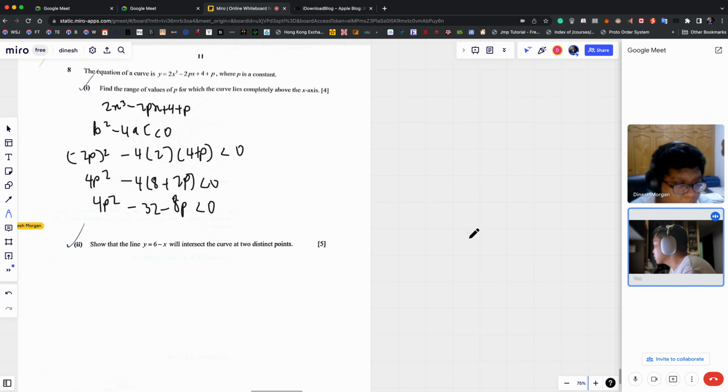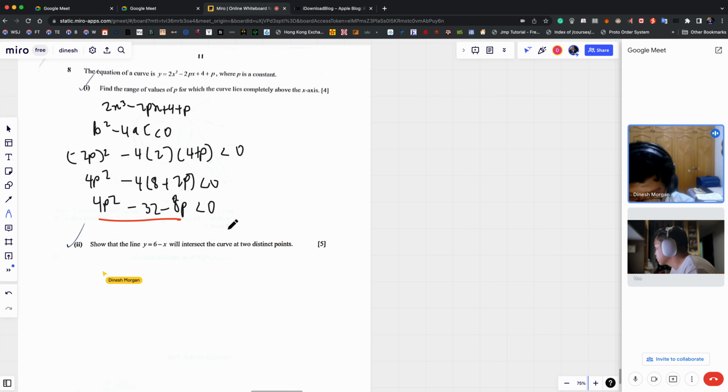Find the range of P, so you need to use the discriminant. Are you going to continue or stop here? I'm just going to use my calculator to find it. You can get rid of the 4, I guess. So it's just P squared minus 2P minus 8 smaller than 0.